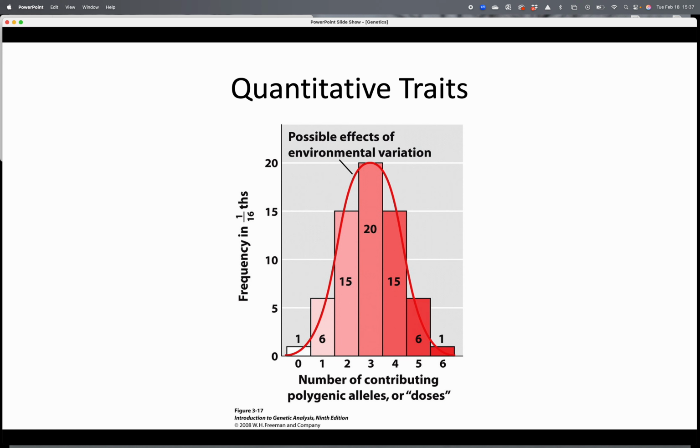And we talked about last time that they are quantitative traits because they take on numerical distributions of phenotypic trait value. And so here you can see the dominant number of alleles takes on a normal shaped curve where the average phenotype is at the peak of the curve and the most extreme phenotypes are out here at the tails.